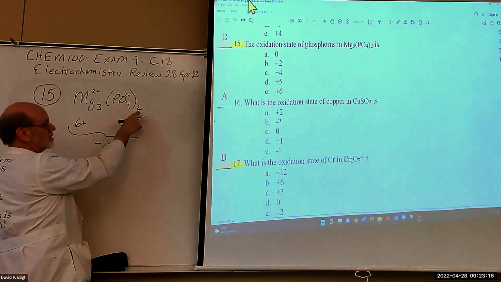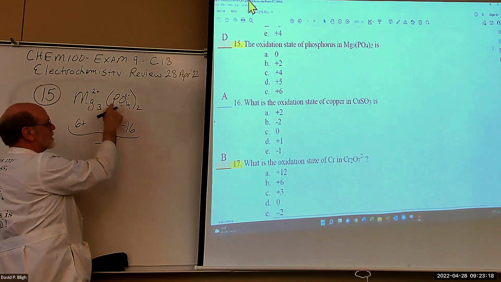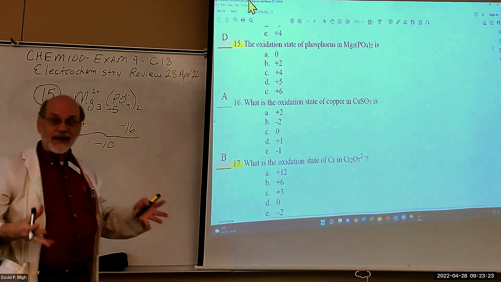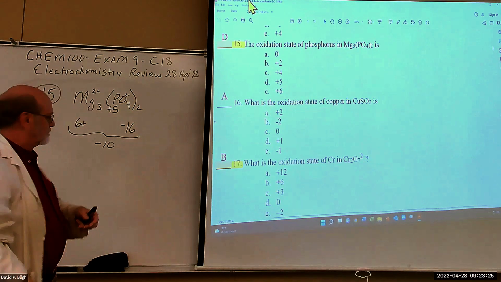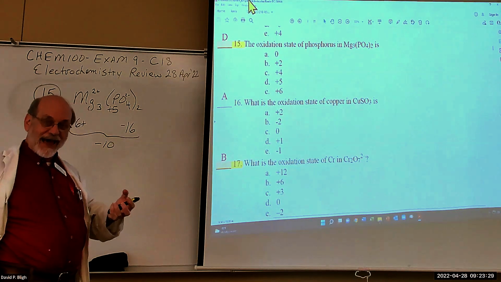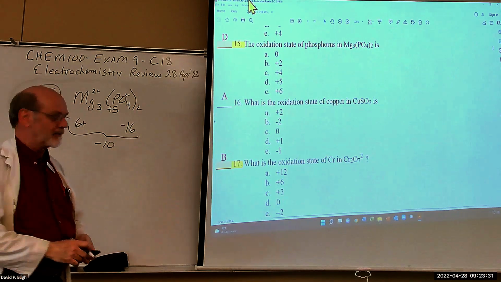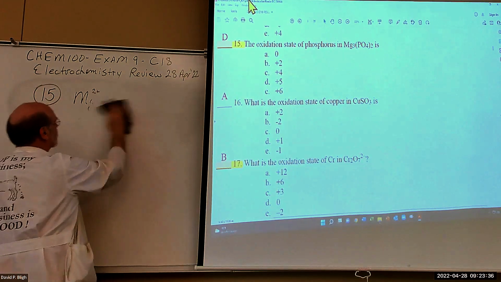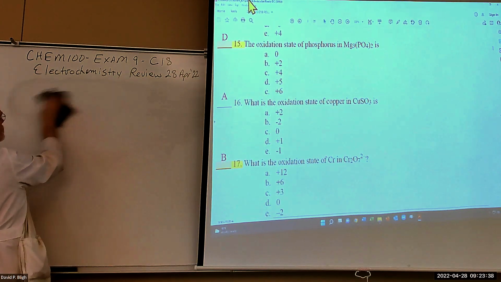But there are 2 of them. 2 phosphorus means that each one has to be a plus 5. And we get the same answer. But I think it's easier to pull that polyatomic out and deduce it from that. Either way works.